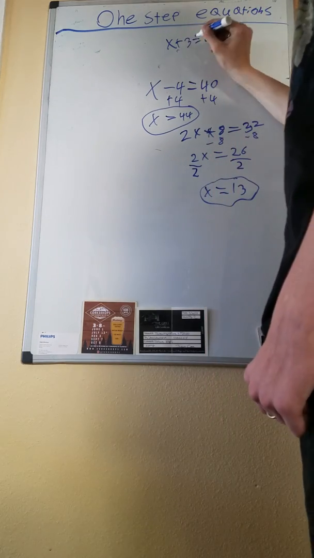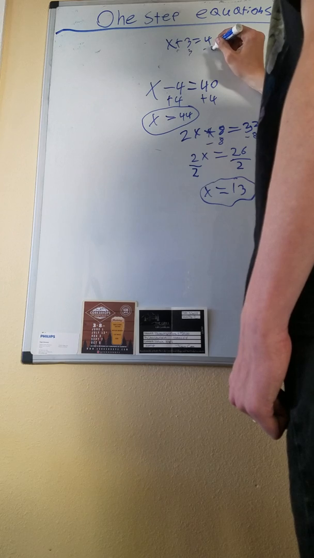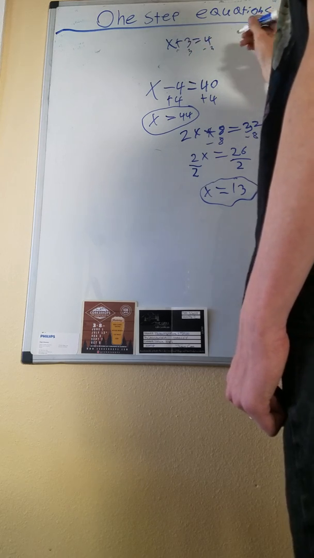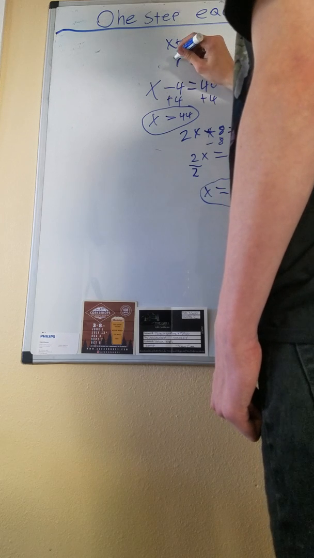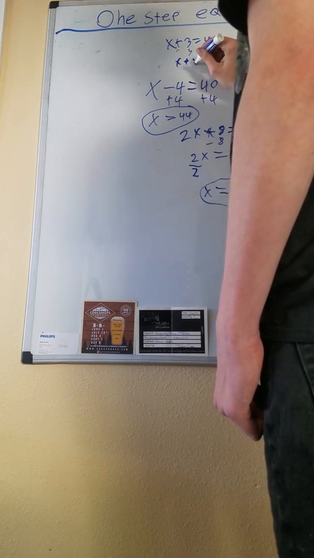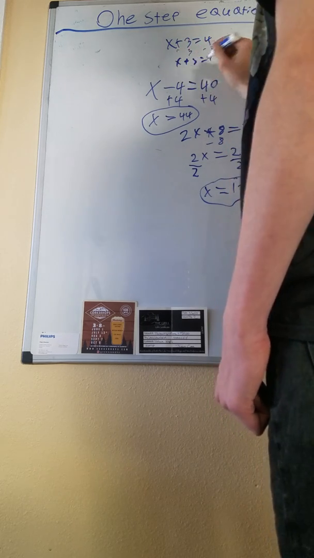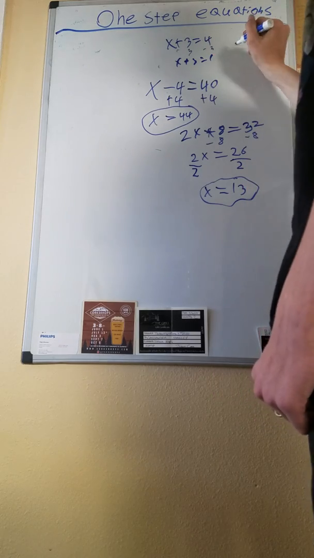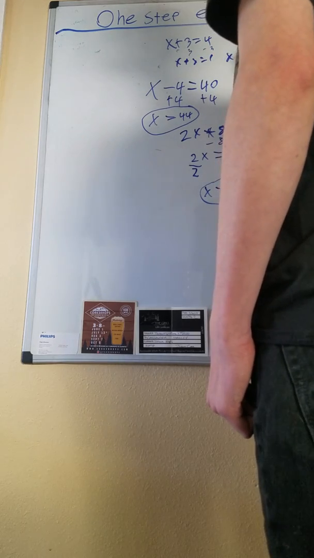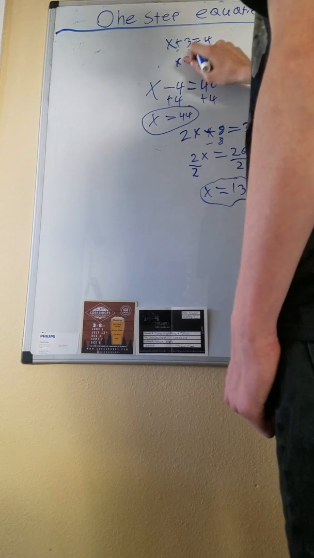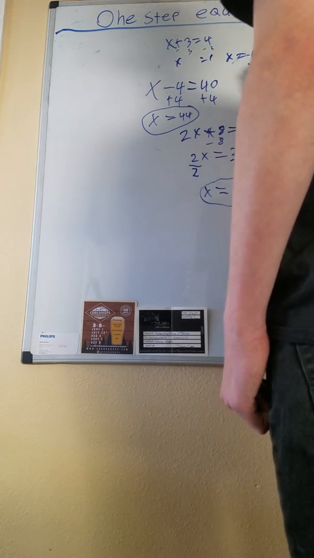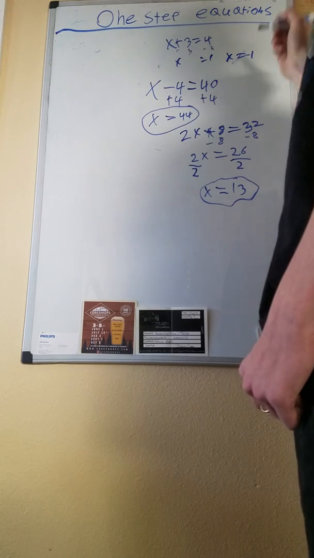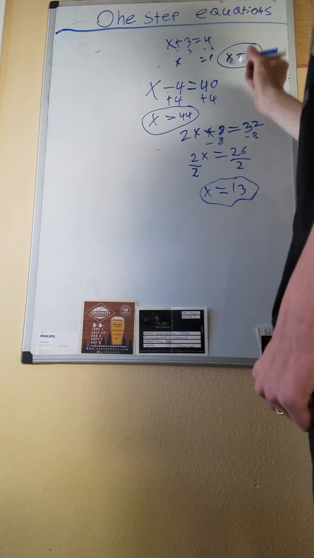If I were to subtract the 3, people would most commonly accidentally put this as 1, so they would put x plus 3 equals 1. That is wrong, because there's not supposed to be a 3 here. It's supposed to be x equals 1, not x plus 1. Even if you did that, it's still wrong no matter what to your teacher.